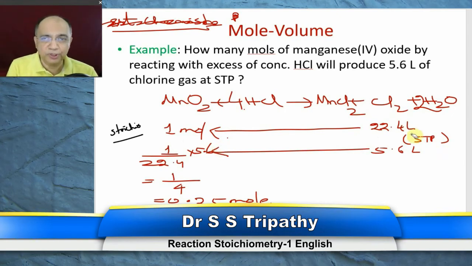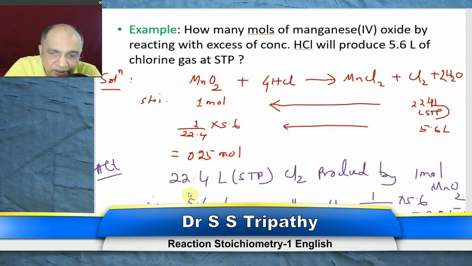If 22.4 liters is produced by 1 mole of MnO2, so 5.6 liters will be produced by 1 by 22.4 into 5.6. It is 0.25 mole of manganese dioxide. Now, if you are not comfortable, you can do it in this method.